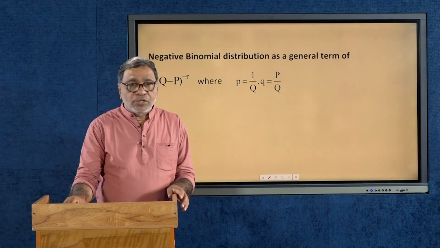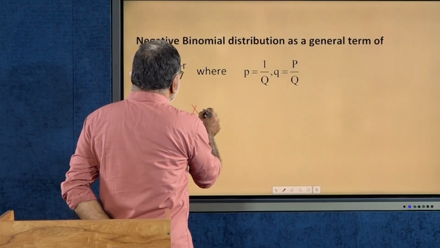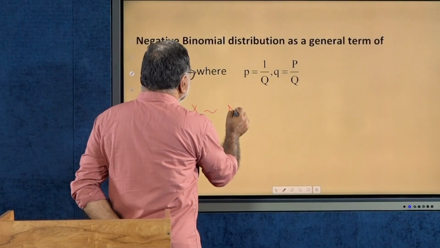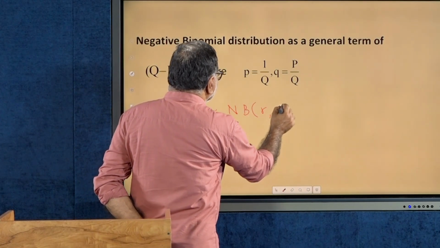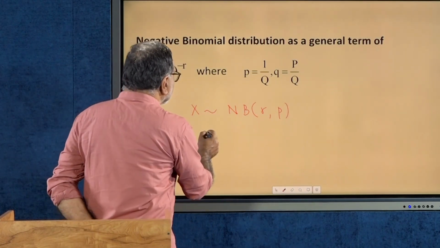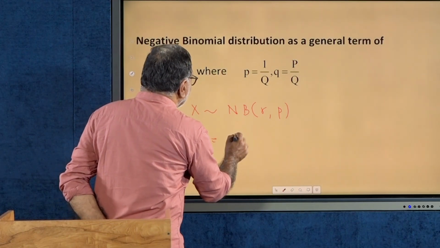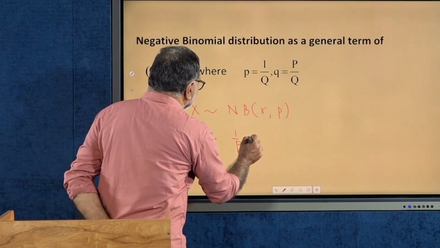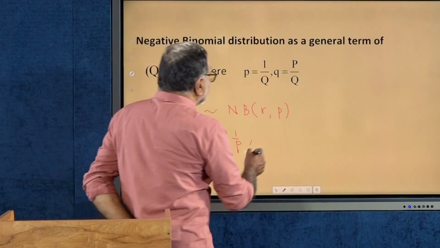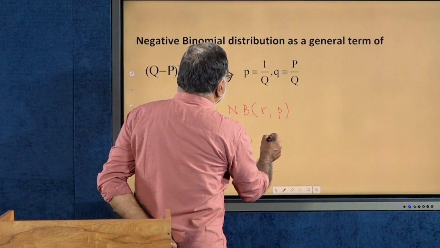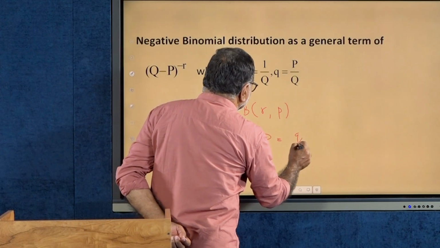Our negative binomial distribution, we have X is a negative binomial random variable with the parameters r and p, and we defined Q value as 1 by p, or p is equal to 1 by Q, and defined the capital P value as q divided by p.